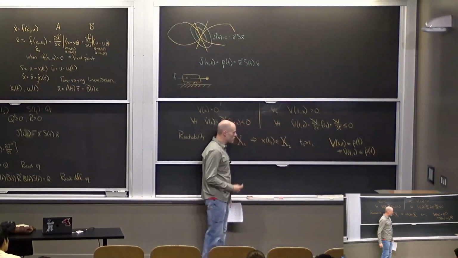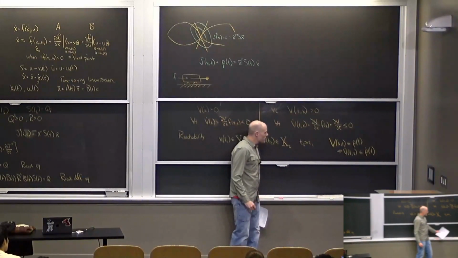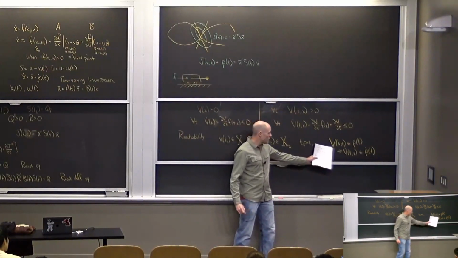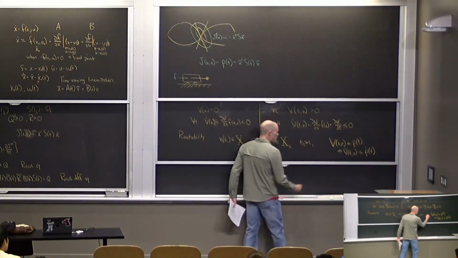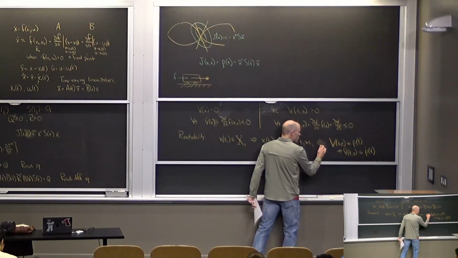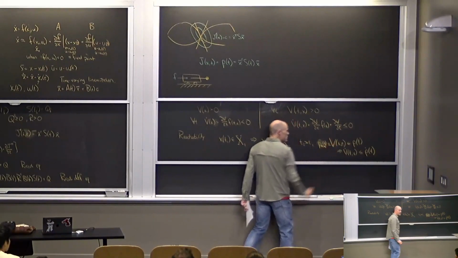I'll draw that more carefully in a second. This can be a hard condition to satisfy all the way to 0. Instead of going all the way to 0, we say there's some minimum rho that it has to satisfy.